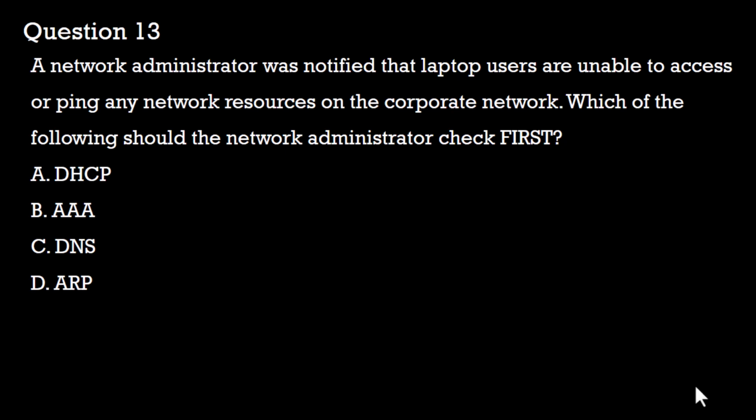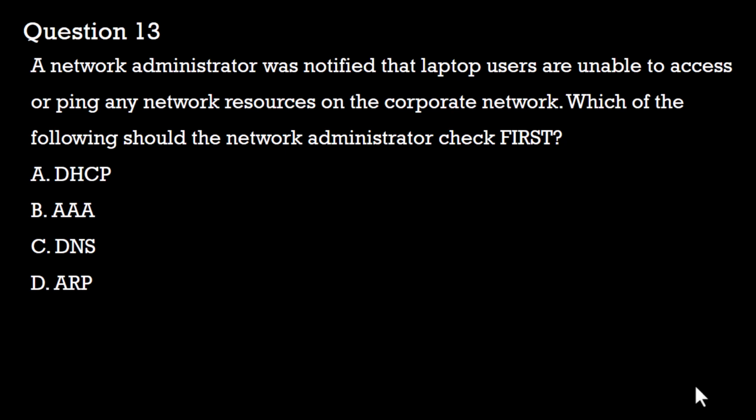DHCP is responsible for assigning IP addresses to devices on a network. AAA is important for security. However, any issue with it would result in access denial rather than a complete inability to reach network resources. DNS only resolves domain names to IP addresses, while ARP, Address Resolution Protocol, translates IP addresses to MAC addresses.